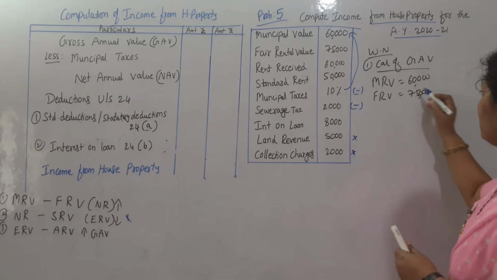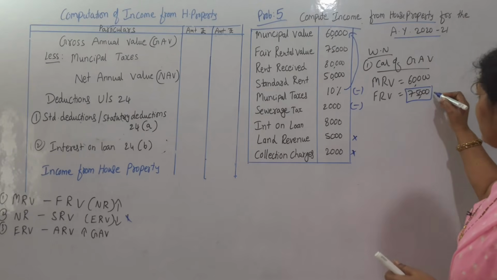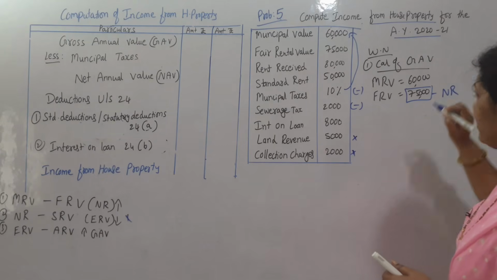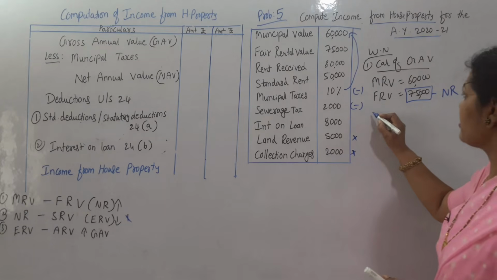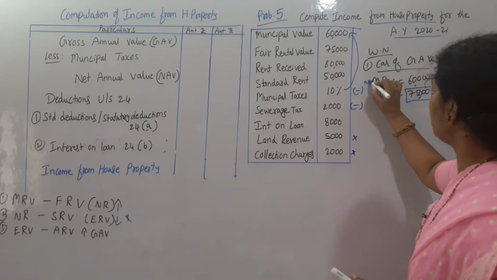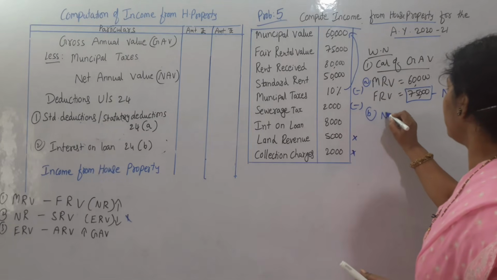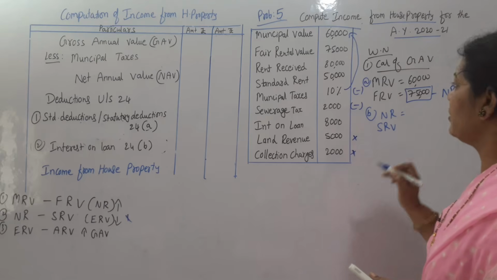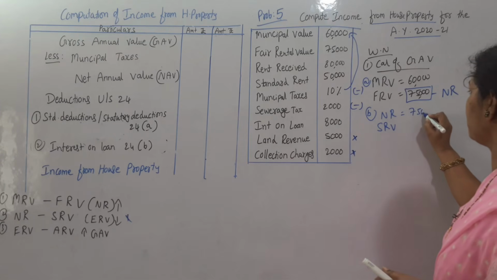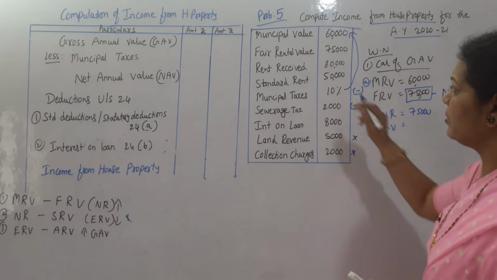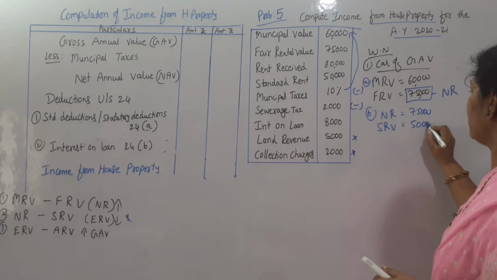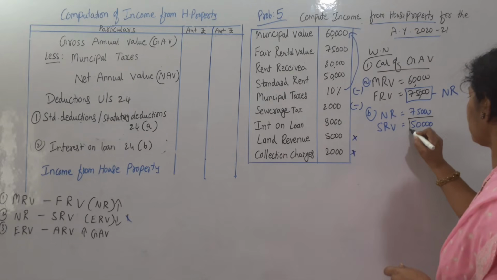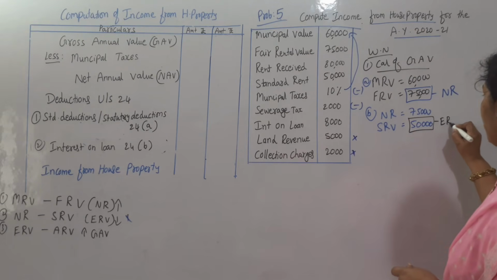Here 75,000 is high, so this is the notional rent, NR. In the second step, NR and standard rental value. NR is 75,000, standard rental value is 50,000. Whichever is less is the expected rental value.